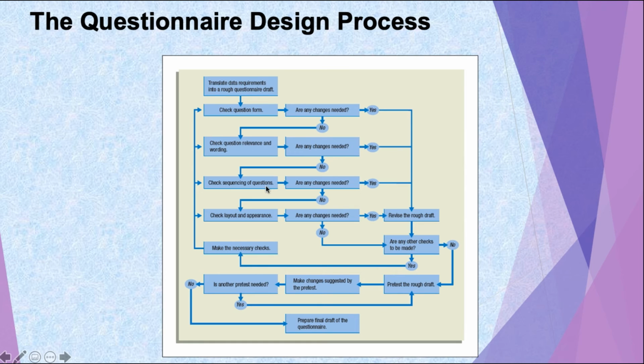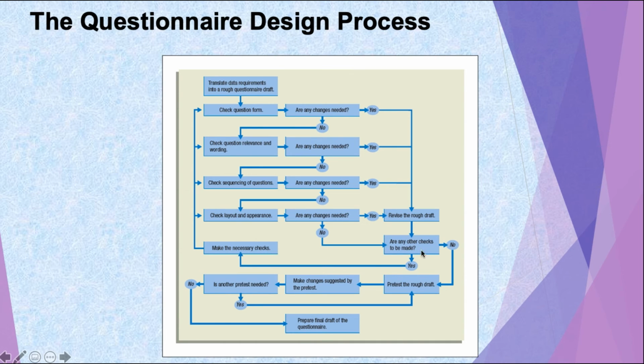Check the sequencing of the questions. Are any changes needed? If no, you continue to check the layout. But if yes, you go back and revise. Then after checking the layout, if no other change is needed, you ask whether any other check is to be made. If yes, make the necessary checks.